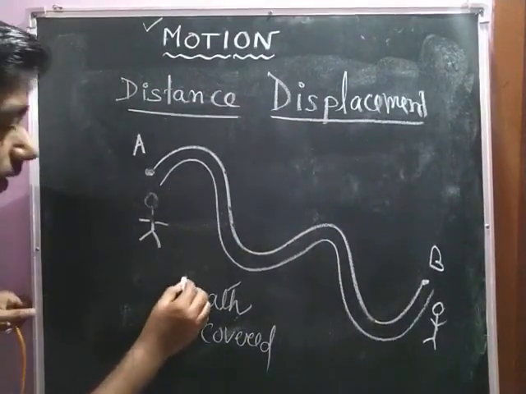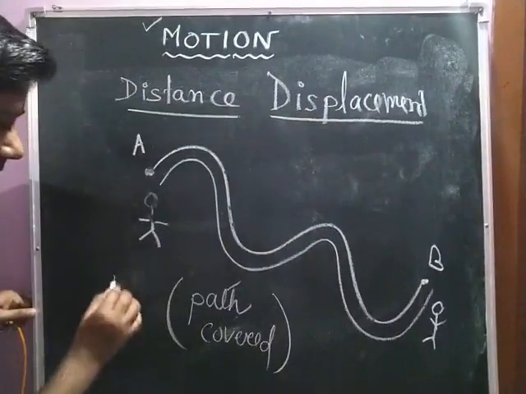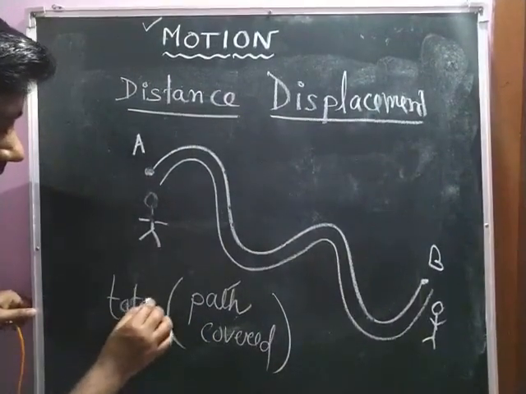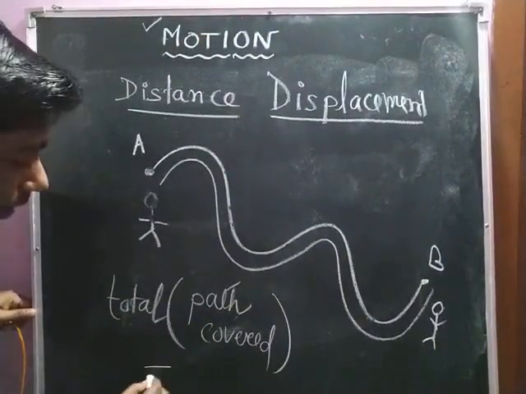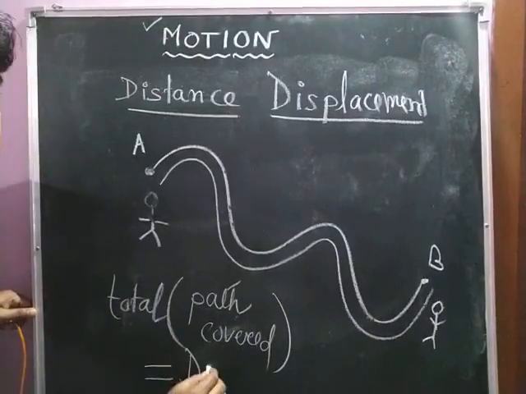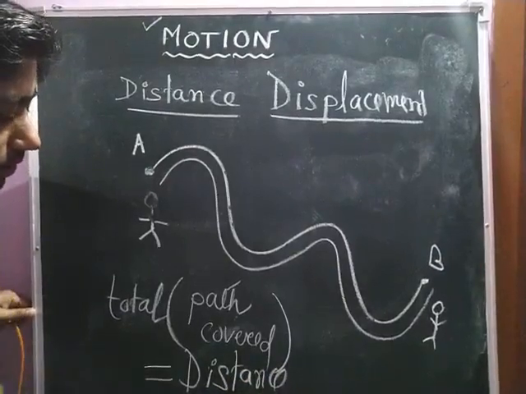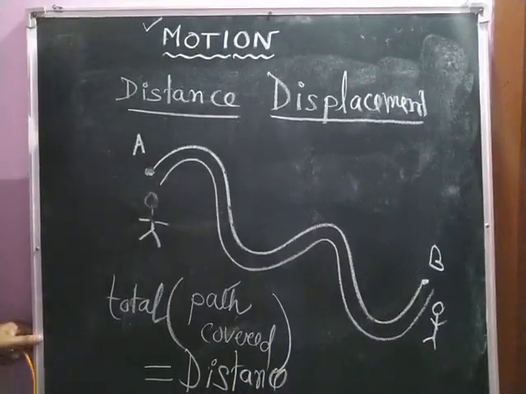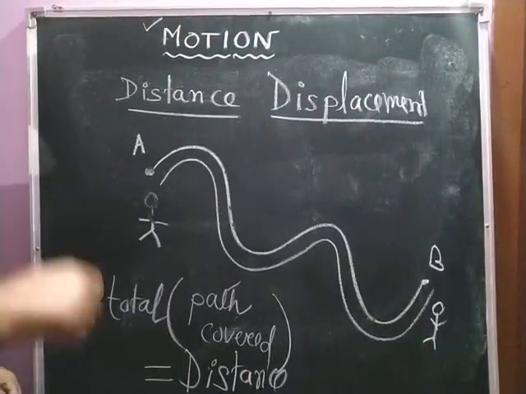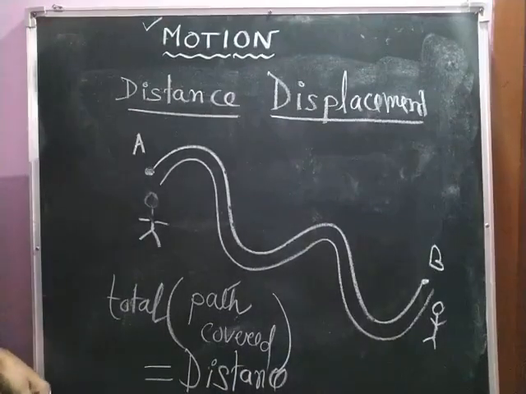So the path that is covered, the total path that is covered is known as distance. So you note this definition. The total path that is covered is known as distance.